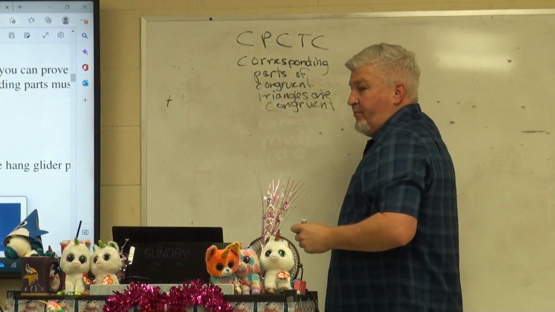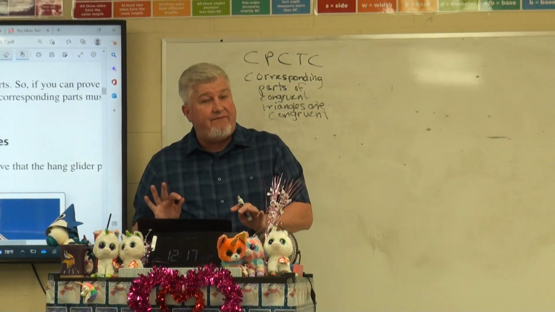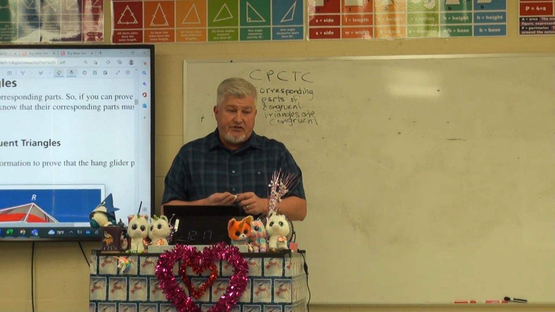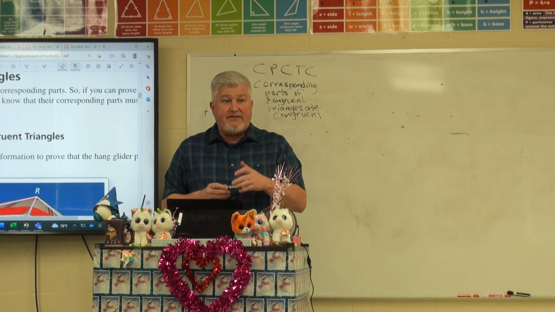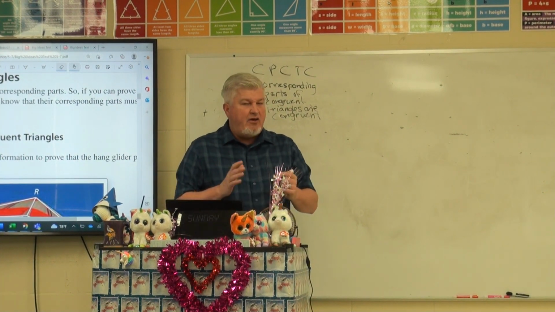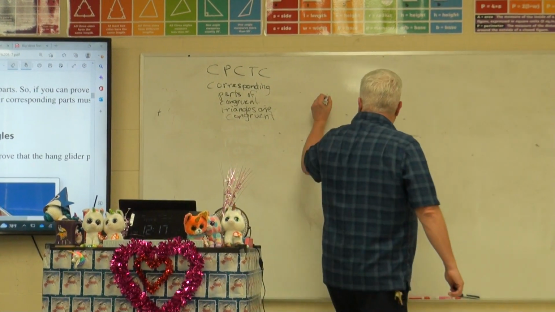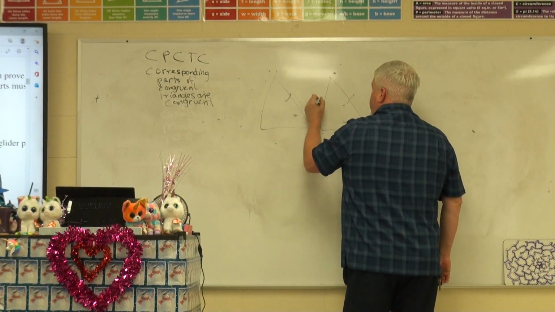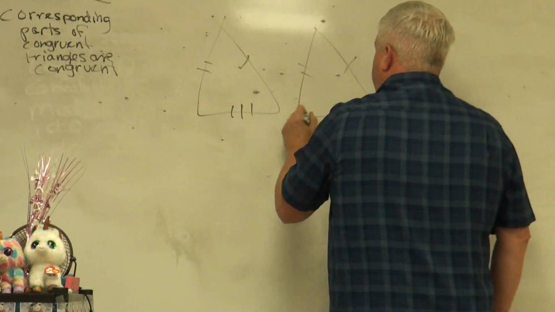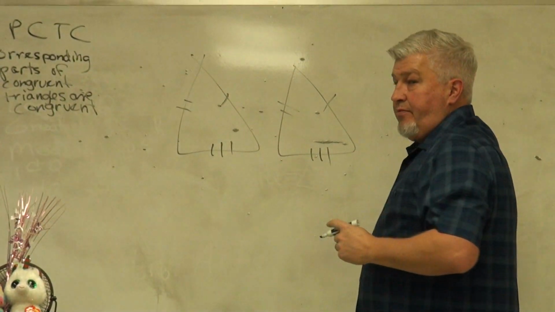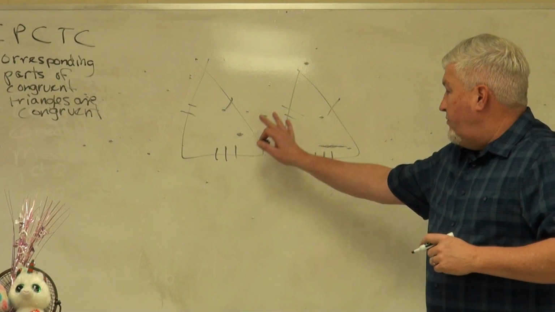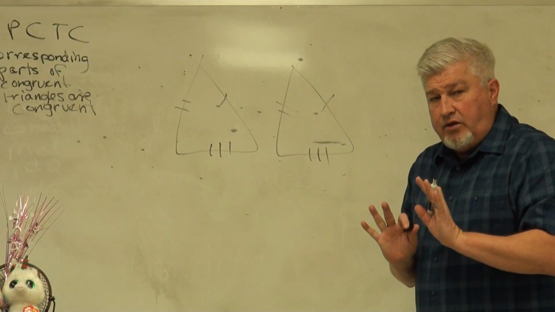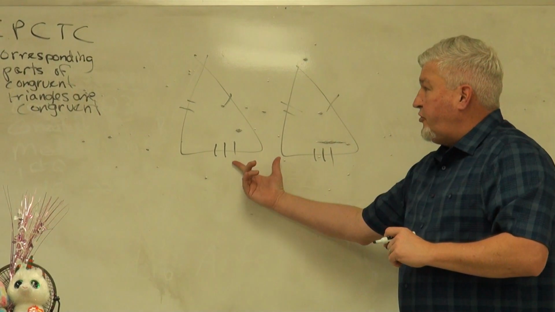In essence, what that means is if you prove two triangles to be congruent by one of the 5 theorems that we discussed in the previous chapter, ASA, SSS, etc., I'll show an example. Let's say we prove two triangles congruent by SSS. Okay? We've shown all sides are equal, so these two triangles are congruent.